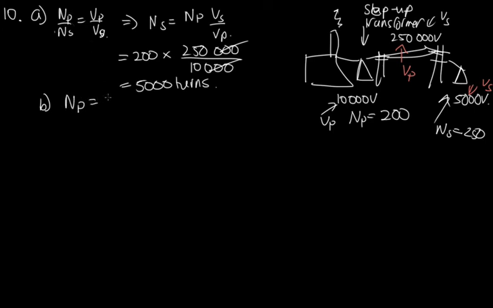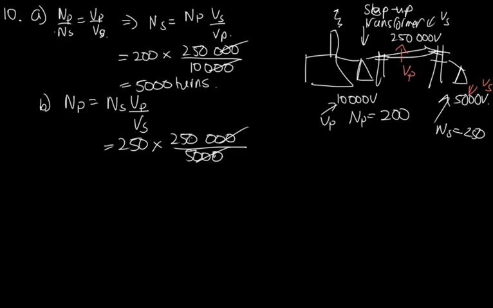We can see NP is going to be equal to NS VP on VS. The number of turns in the secondary coil is 250. The voltage in the primary coil is 250,000, and the voltage in the secondary coil is 5,000. Those thousands cancel out. 250 divided by 5 gives us 50, times 250 gives us 12,500 turns.